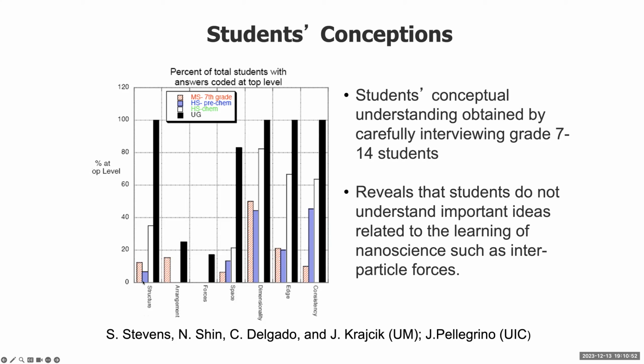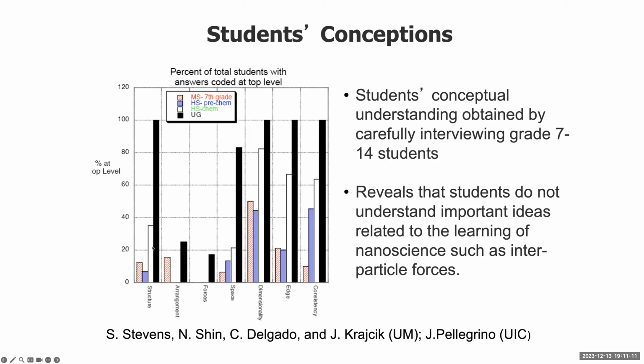And you'll notice when you go back to structure, undergraduates have a pretty good understanding. This, by the way, the undergraduates here were students at a very good college, the University of Michigan, when I was still there. So these are top-notch students.